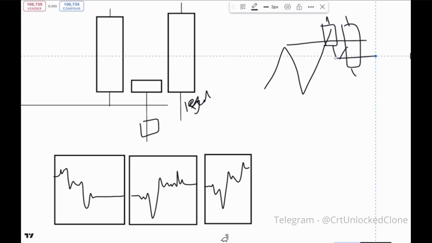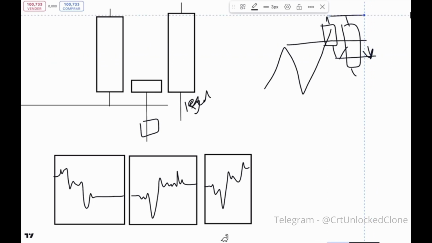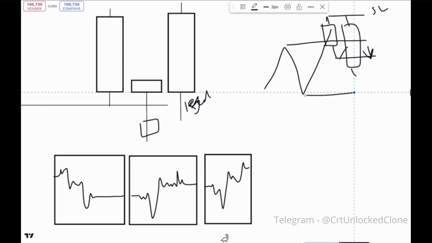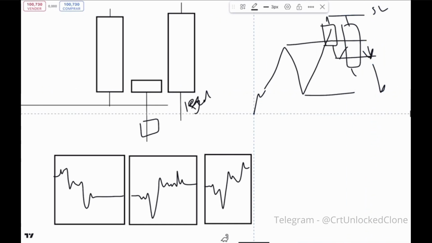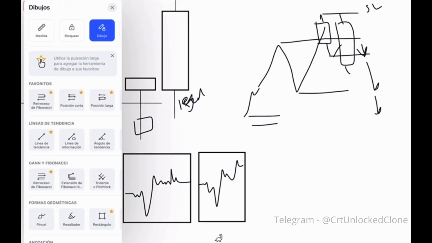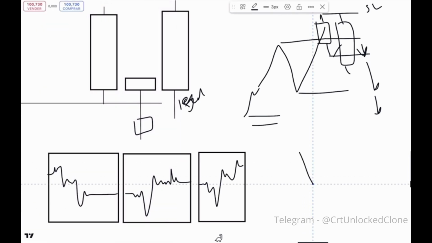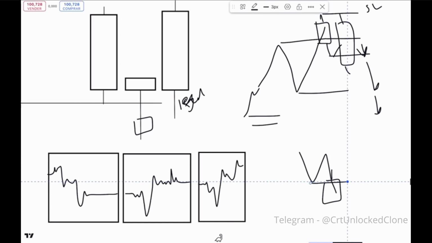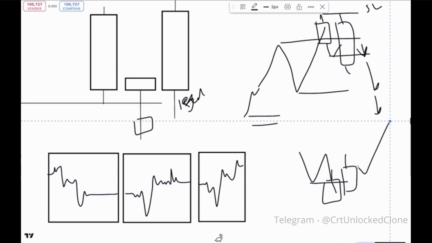Entry over here. Stop loss above the candle, and target the lows one by one. That's the first model, and vice versa in the bullish scenario. Low, thick, down close candle used to manipulate price below the old low, close above, and you got the entry.